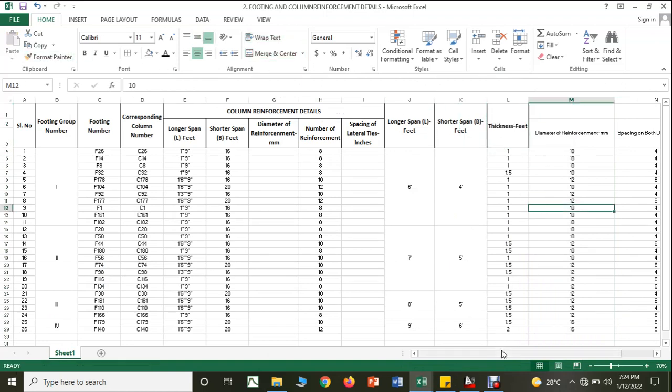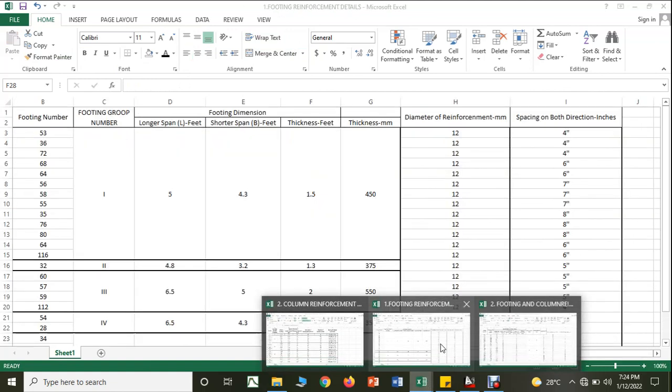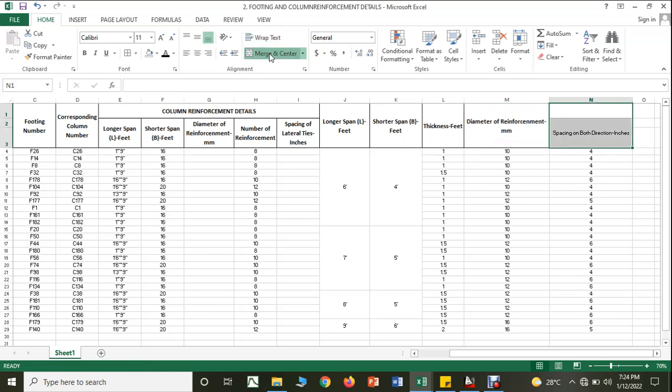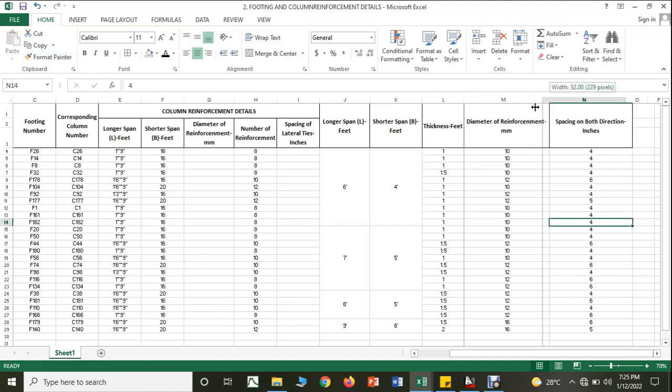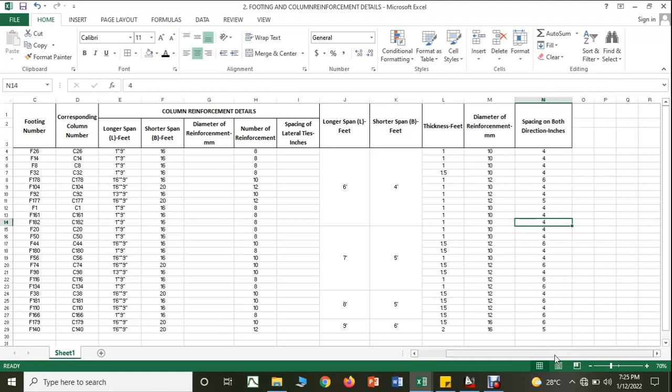Thickness in feet, then reinforcement diameter I have, diameter of reinforcement and spacing, right? So I can merge these two. Here, right?